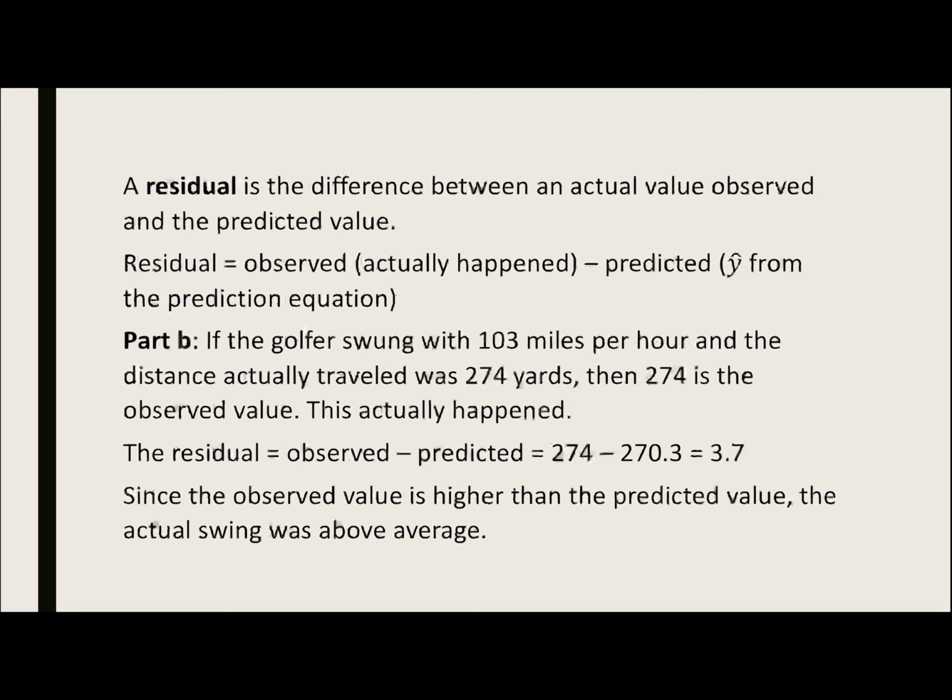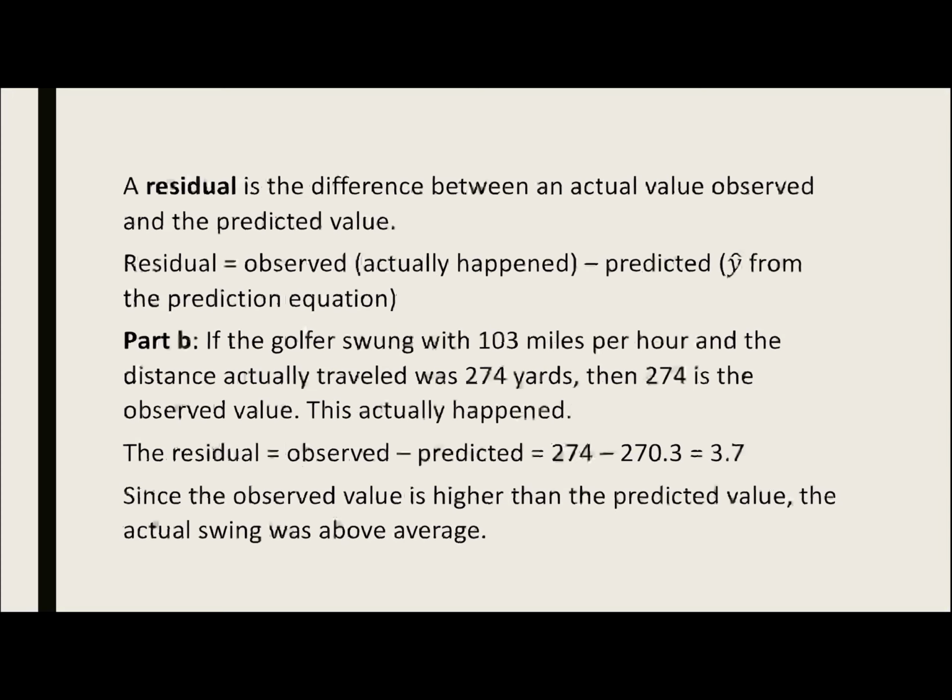If the golfer swung with 103 miles per hour and the distance actually traveled was 274 yards, then 274 is the observed value. This actually happened. So the residual equals observed minus predicted equals he or she actually hit it 274 yards.